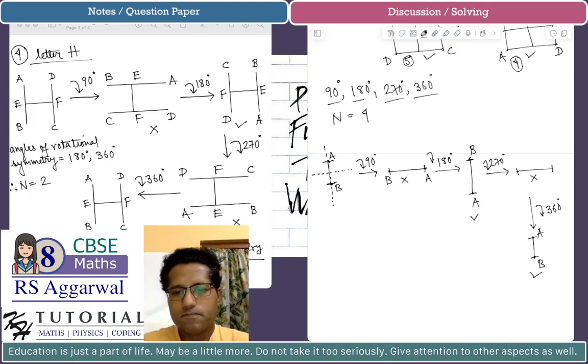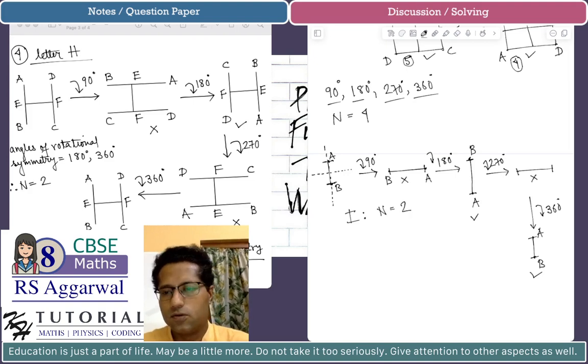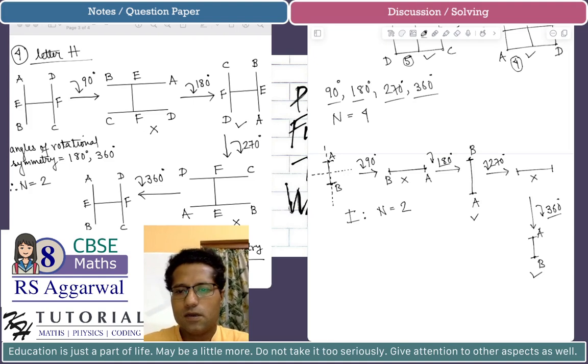For I, n is equal to 2, that is, there are two angles of rotational symmetry. The first one is 180 degrees and the second one is 360 degrees.